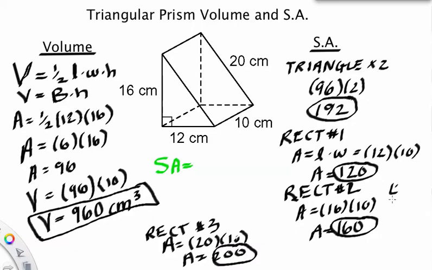So I need to do 480 plus 192. That's going to be a 2, that's going to be 17, and that's going to be a 6. So for surface area, I get 672 centimeters squared.